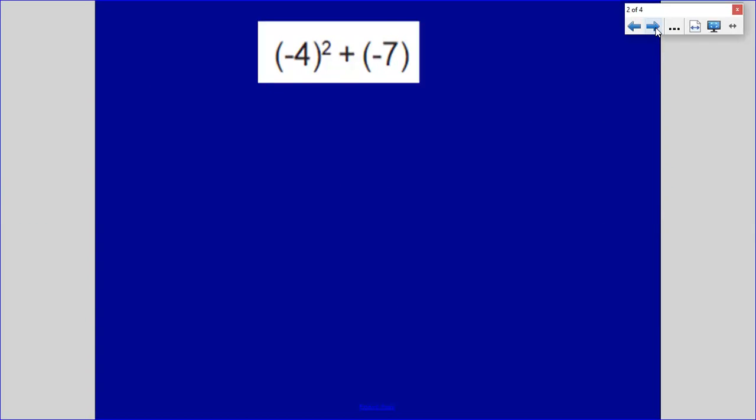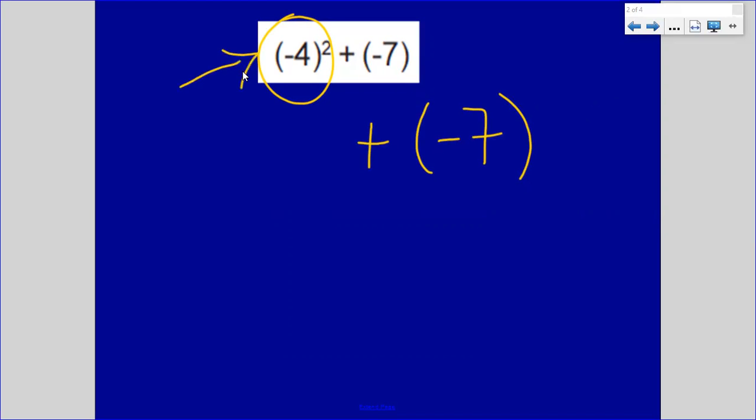So the first one is trying to simplify this, and to be honest with you, this was the error. You guys did a really good job adding the -7. I was proud of you about that, but this is where we kind of ran into some trouble. And it could just be that you were going quick and didn't pay attention to your integer rules.